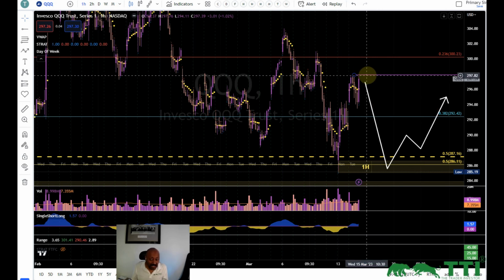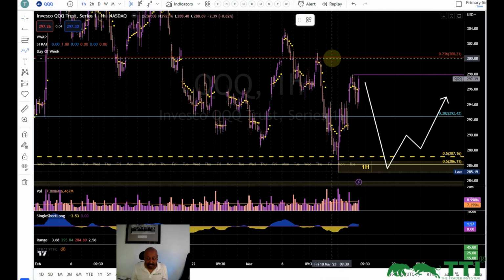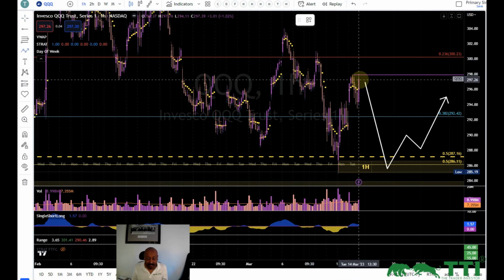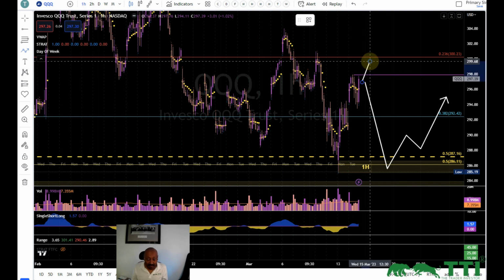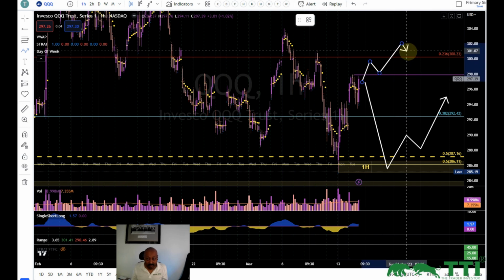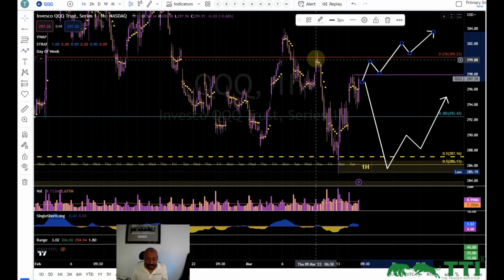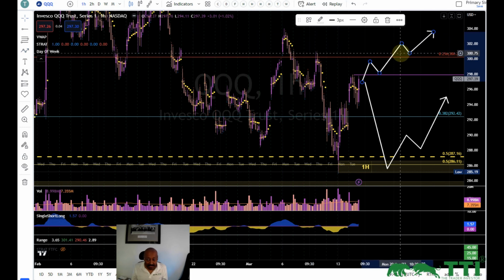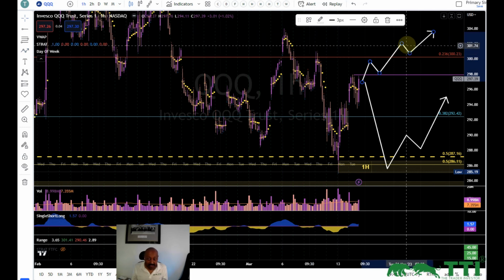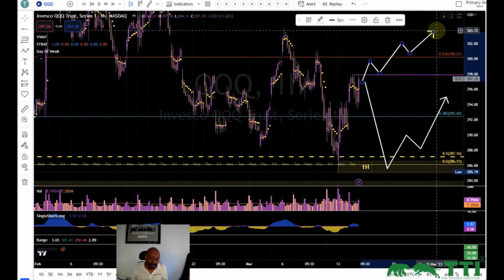But I put an alert because it gives me a signal. Hey, something could happen here. Let's pay attention, because what could potentially happen is once we break out of here, it might use it as support and start to make higher highs. If we start to break this and it becomes support, we continue to make higher highs, then I want to pay attention to it.